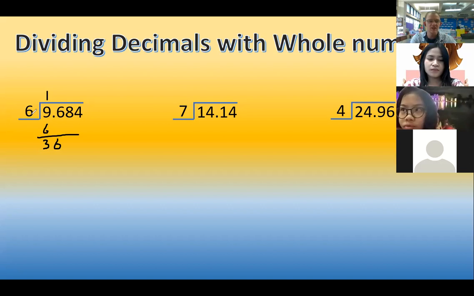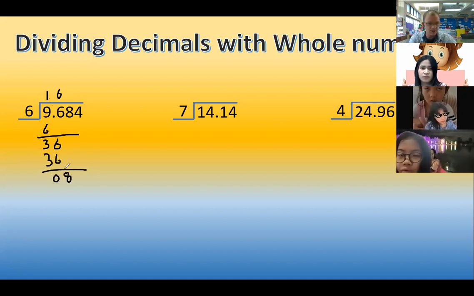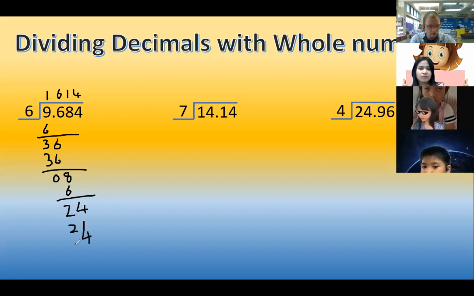What is 36 divided by 6? 6. What is 6 times 6? 36. That's a 0. We bring down the 8. How many times does 6 go into 8? 1. 1 times 6 is 6. Bring down the 2 and the 4. 24 divided by 6 is 4. 4 times 6 is 24. Equals 0. No remainder.